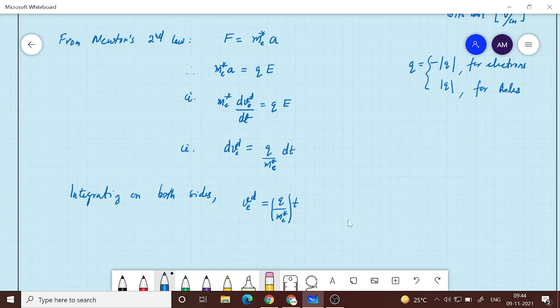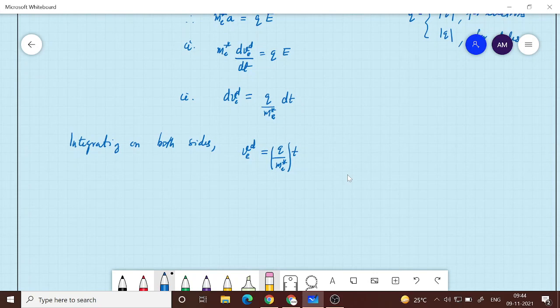Okay, but the actual picture doesn't allow a continual increase of velocity. Now you can see why it can't increase the velocity continuously. So what is the reason for that?